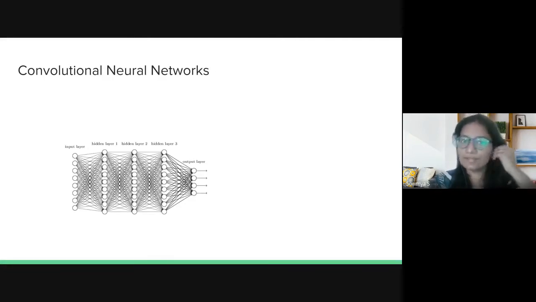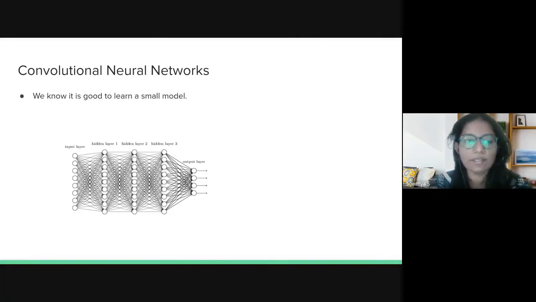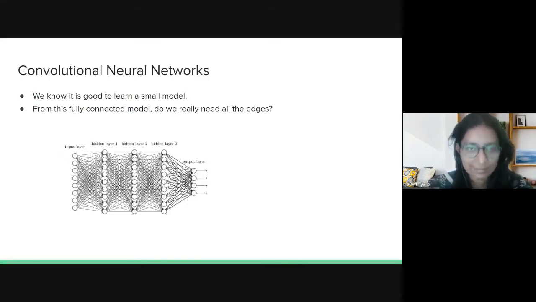Okay, so now we'll see convolutional neural networks. So, as I discussed at the end of RNNs, it is always good to learn a small model. Now, all the networks we saw till now are fully connected networks in the sense from the previous layer to the next layer, all sets of nodes are connected.